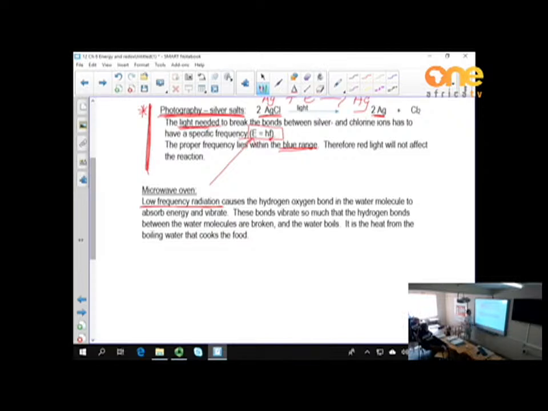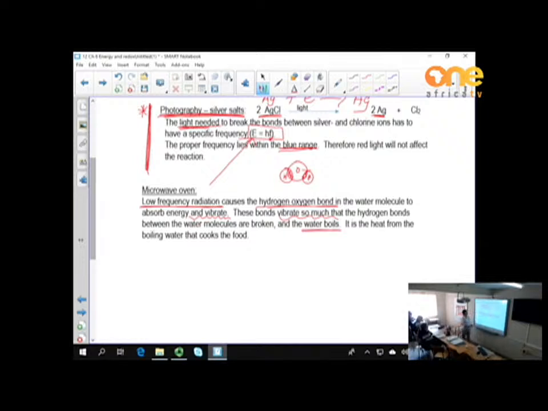It causes the hydrogen-oxygen bond in the water molecule, there we have oxygen, there we have hydrogen, to be affected. So this radiation has specifically got the ability to affect this hydrogen-oxygen bond. The bond tends to absorb some of this energy, and it starts to vibrate. They vibrate so much that the hydrogen bonds between the water molecules are broken, and the water will start boiling.